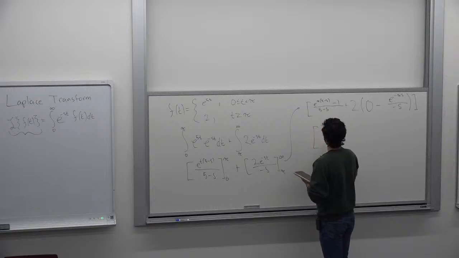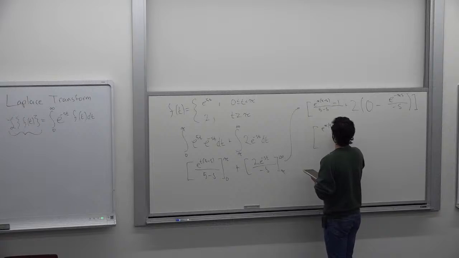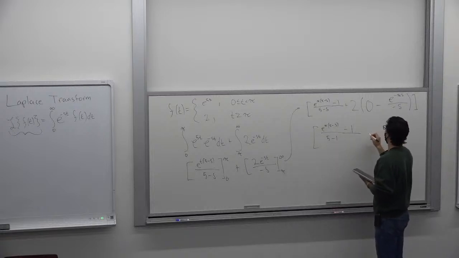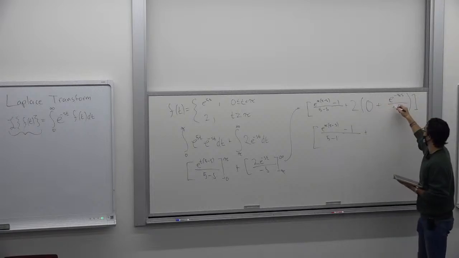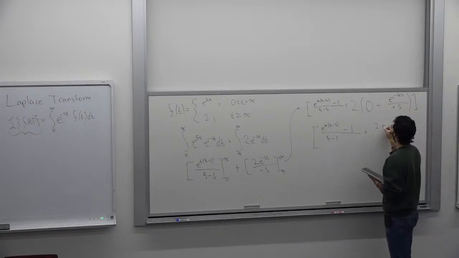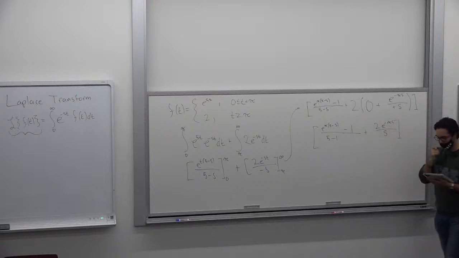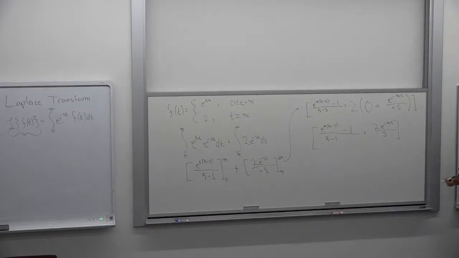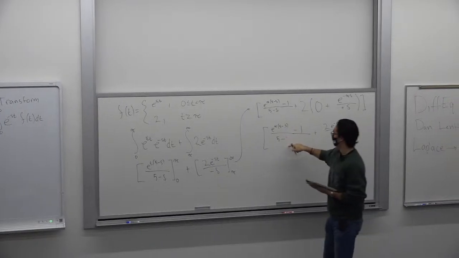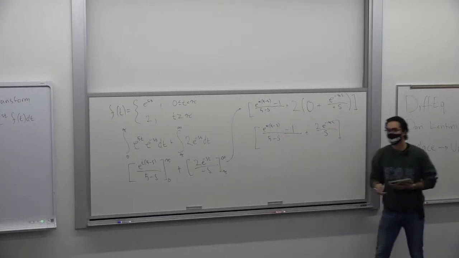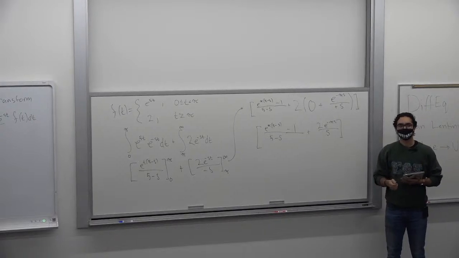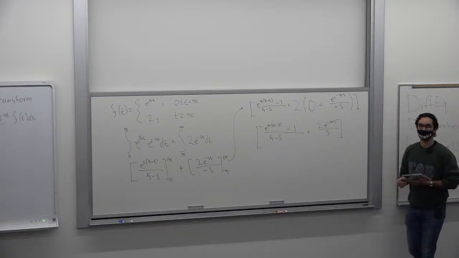Then when we simplify, we get e to the pi times 5 minus s over 5 minus s, minus 1, plus, these negatives cancel, plus 2e to the negative pi s over s, and that is our final answer. Oh, sorry, 5 minus s. Super easy. Any questions? Everyone sees it?